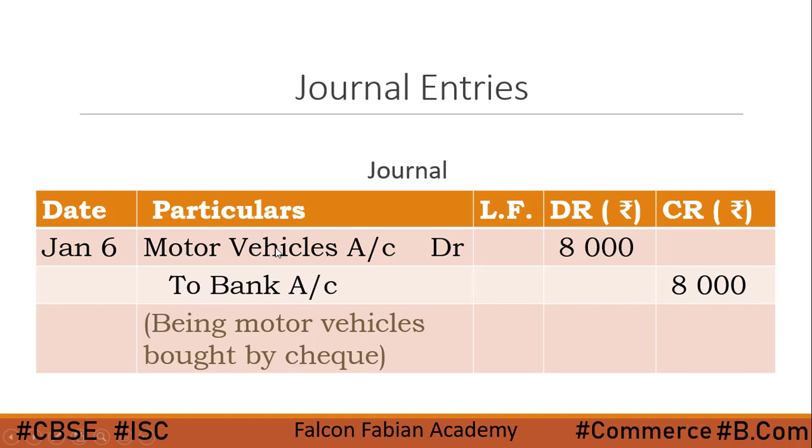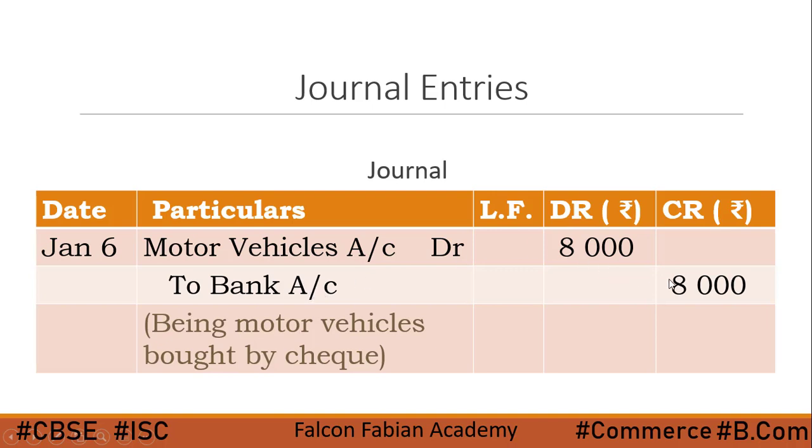So here the account that had to be debited is motor vehicles. This would be followed by A/C, which stands for account. Then you will write the short form of debit, that is DR over here. And in the debit column, you will write the amount 8,000. In the next line, you will leave some space. You will first write the word to, then the name of the account that needs to be credited, which is bank over here, followed by A/C, which stands for account.